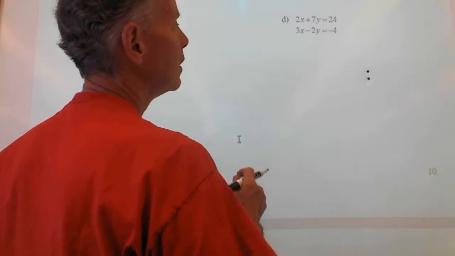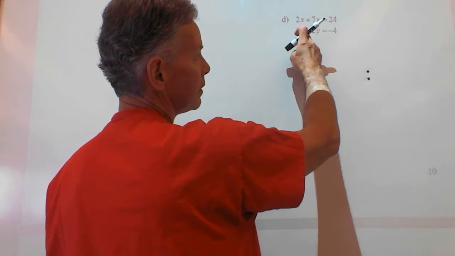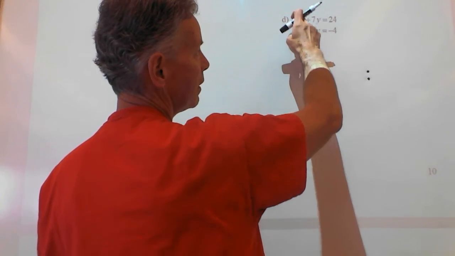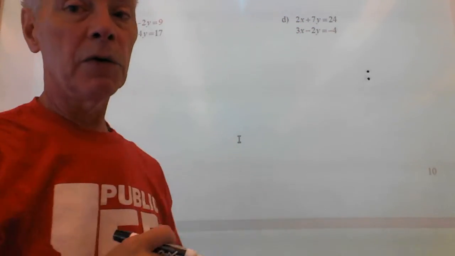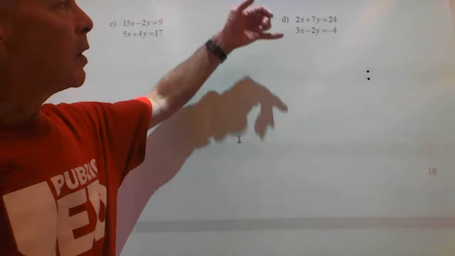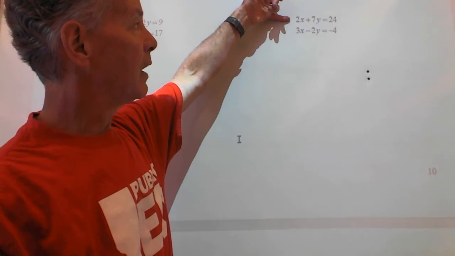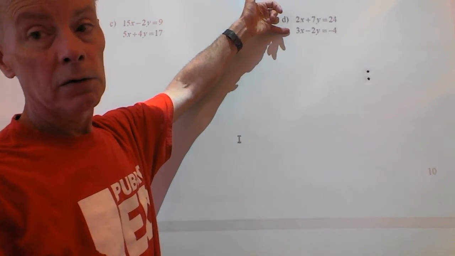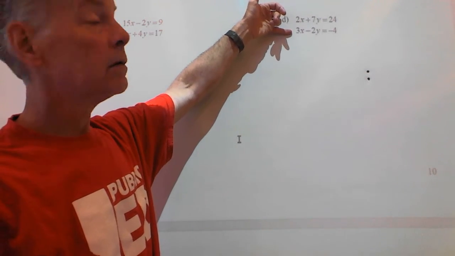Okay? So, we could try and get a least common multiple of 6 here, right? Because the least common multiple of 2 and 3 is 6. We could multiply the top equation by 3. That would give us a 6 here. And the bottom equation by 2. That would give us a 6 there.